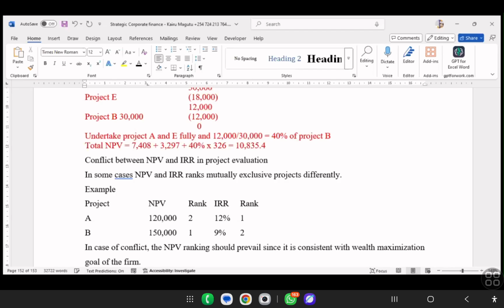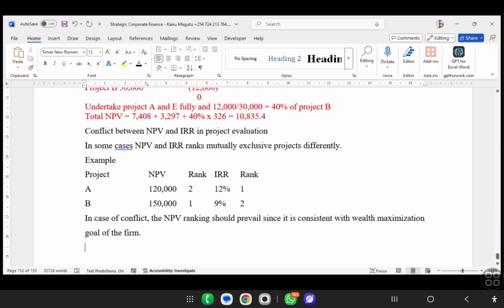The shareholders are about what they will get. So in case of such ranking conflict, the NPV ranking should prevail. It means that we are concerned about the wealth maximization of the shareholders.